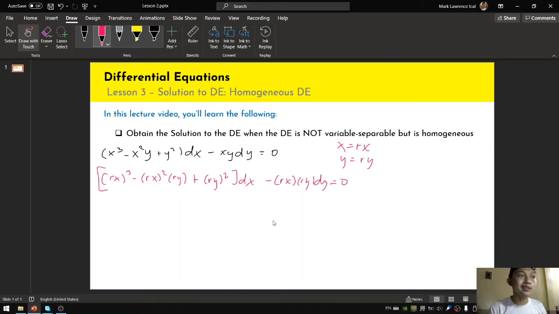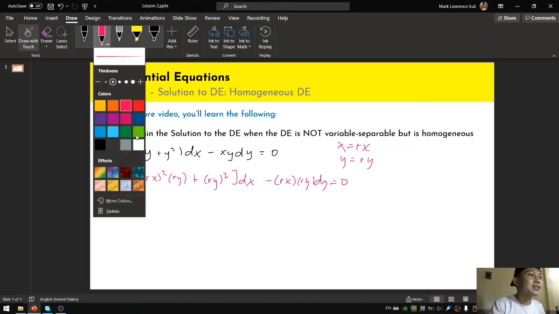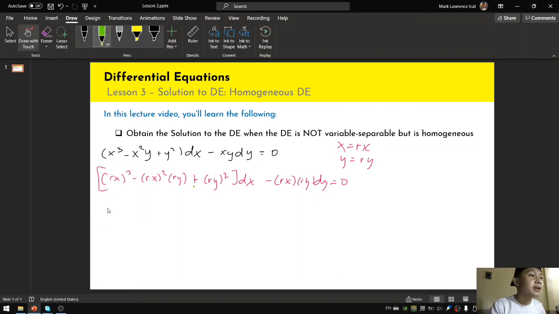Haba ng DE, no? So, try natin simplify, ibabalik sa dati. So, this is going to be R cubed x cubed.